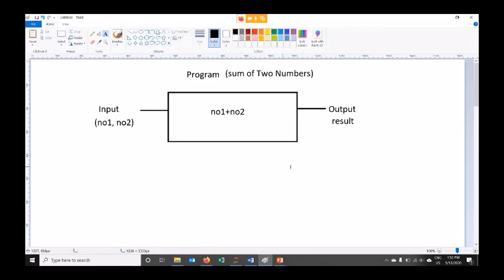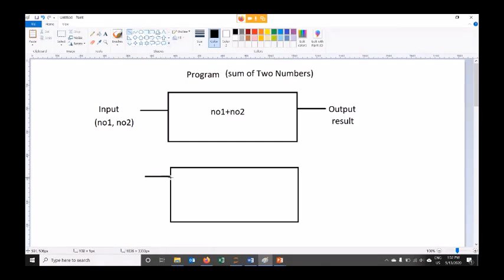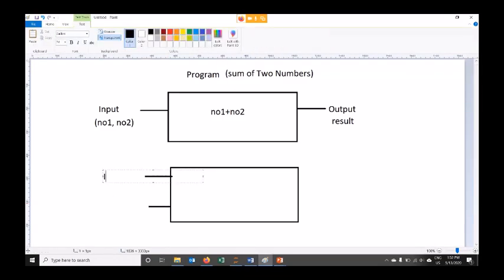But in machine learning we have a slightly different ecosystem altogether. We are saying in a programming system, we have input as well as output. So I say input, and output I am having.